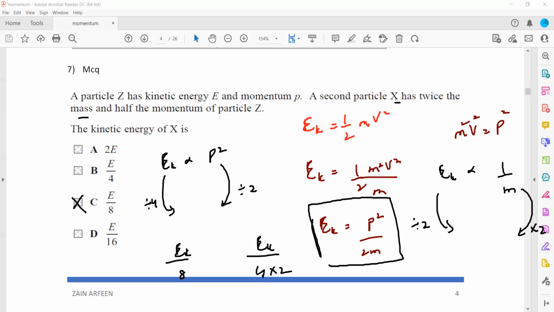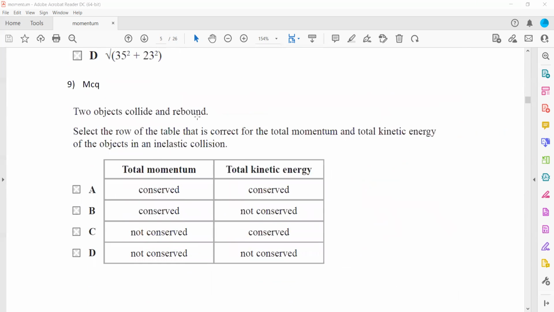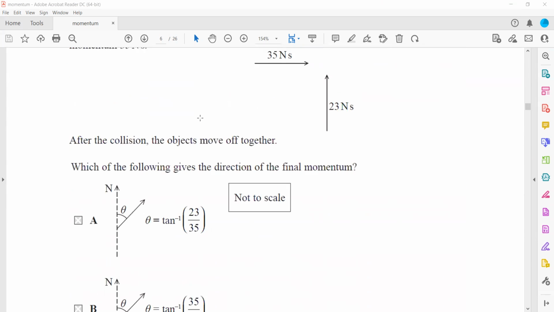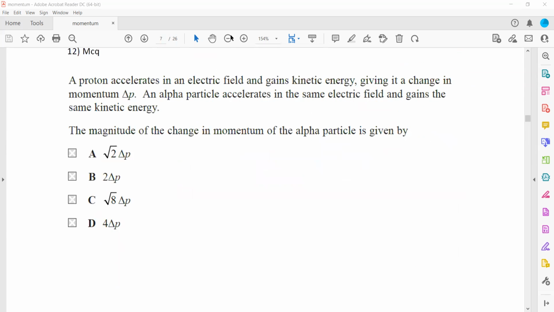The next question is 12. Again, this is related to the formula which relates the kinetic energy, momentum, and mass of the particle. A proton accelerates in an electric field and gains kinetic energy, giving a change in the momentum delta p.